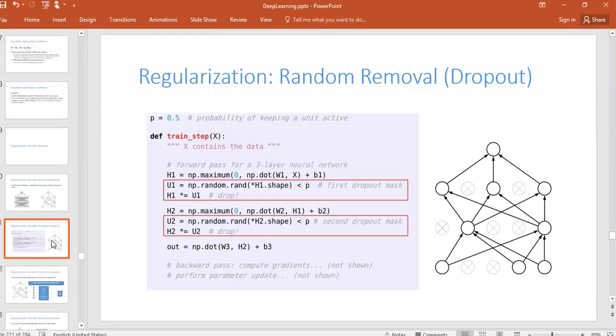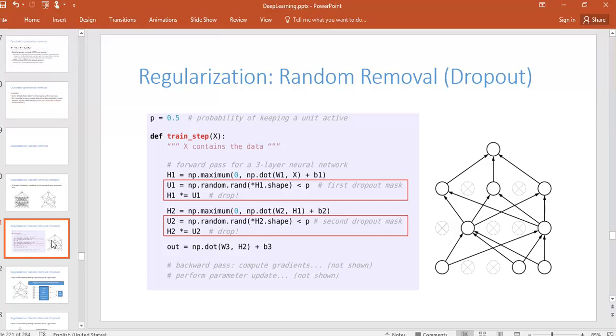As you can see in the implementation, we first do a multiplication and add the bias. Then we apply a nonlinear function on them, and in this way we have the output of each layer. In dropout, we have to generate a random number for each output in each layer. We want to produce a mask.